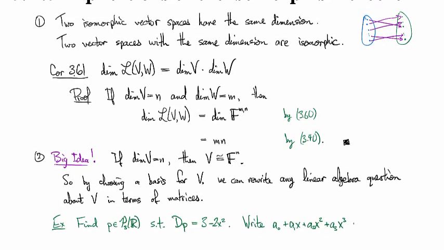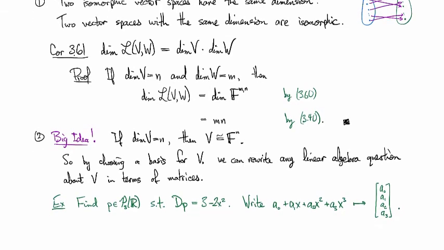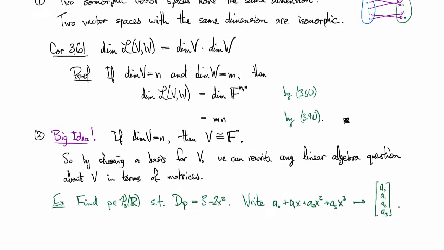We're going to write this in column vector form, so a0, a1, a2, a3.